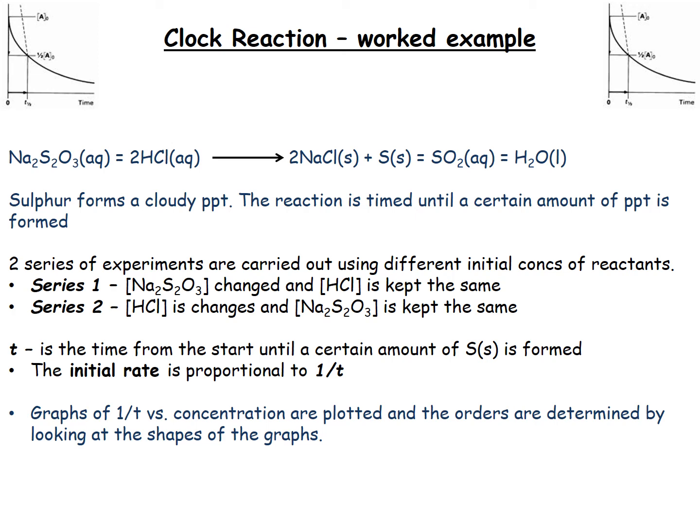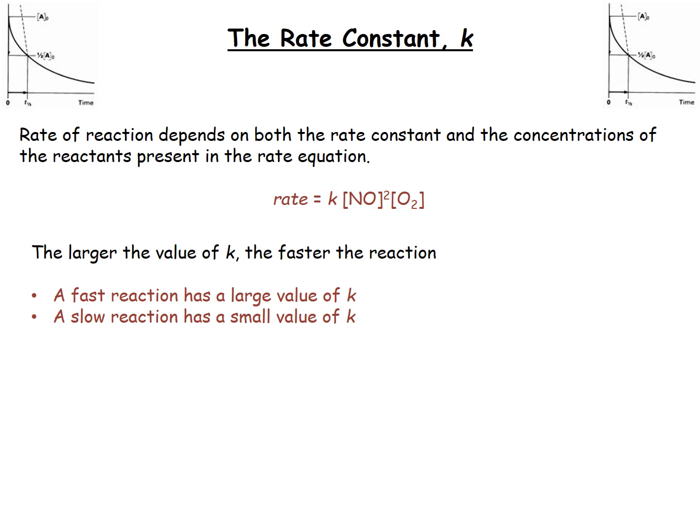The initial rate would be 1 over the time taken for it to form. So this is another way we can work out the initial rate: you just time it and then do 1 divided by the time, because if you're keeping the concentrations constant, then in theory the time would be the variable that you can then use to measure on the graph.